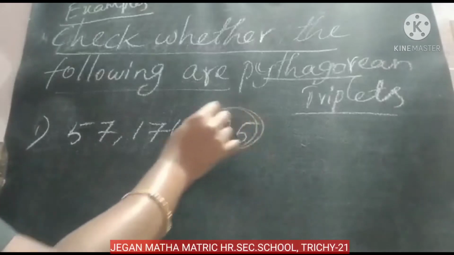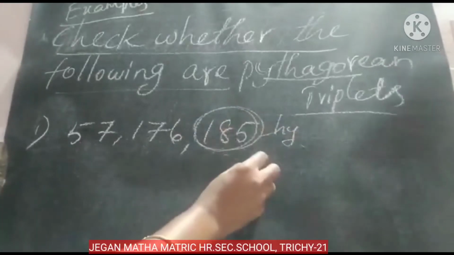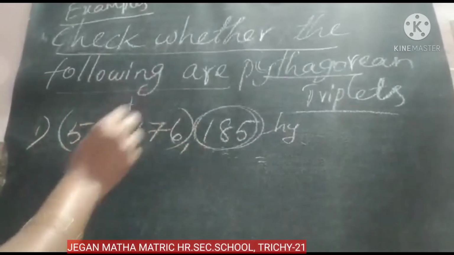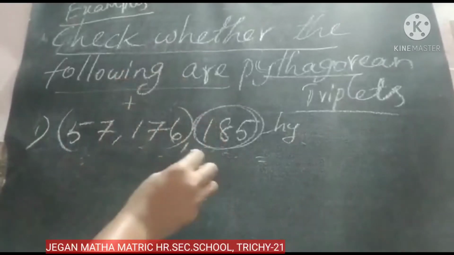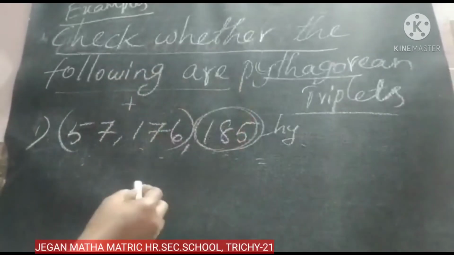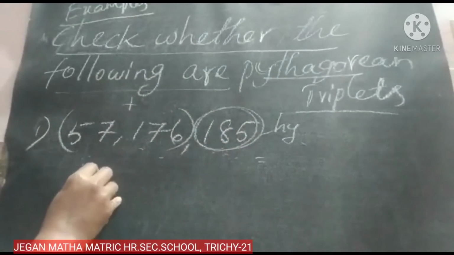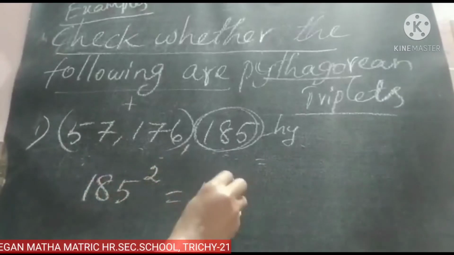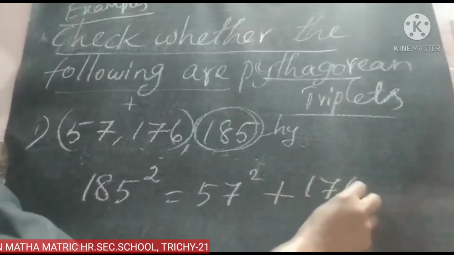So this is the greatest side, this is the hypotenuse. The square of this side is always equal to the sum of the squares of the other two sides. This is the Pythagoras theorem. So you have to check this: 185 square equal to 57 square plus 176 square.